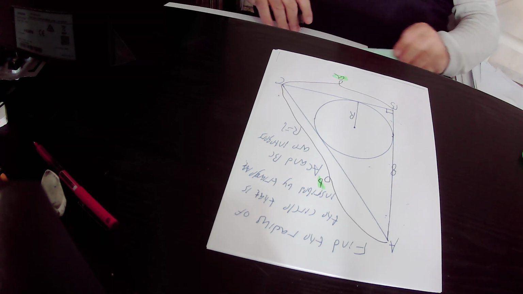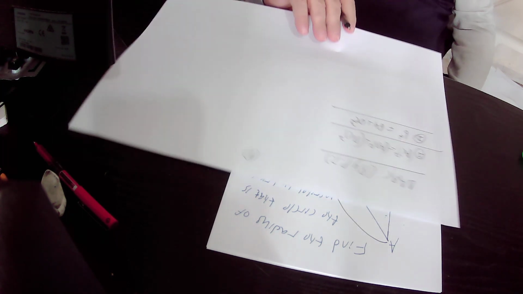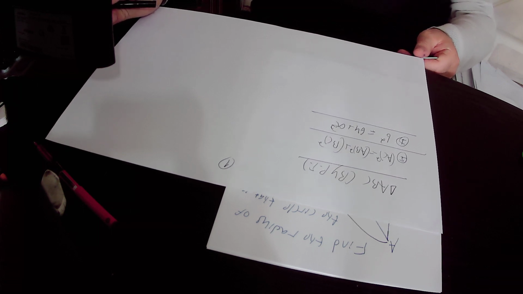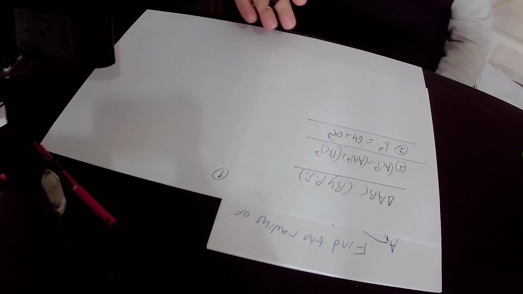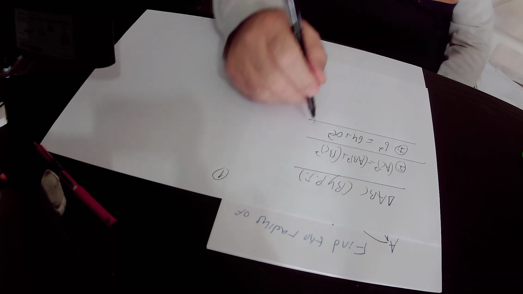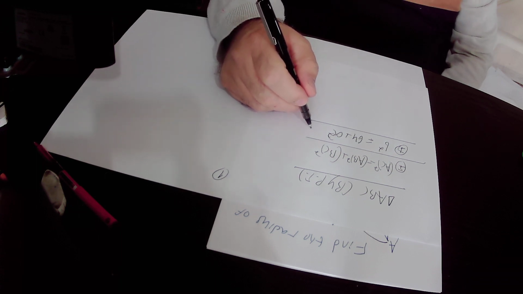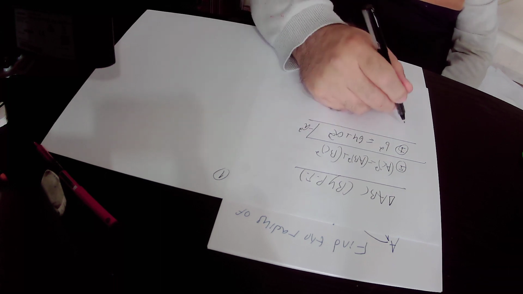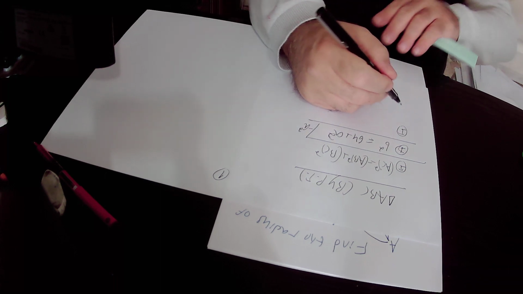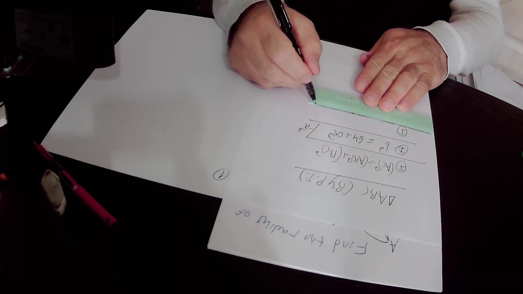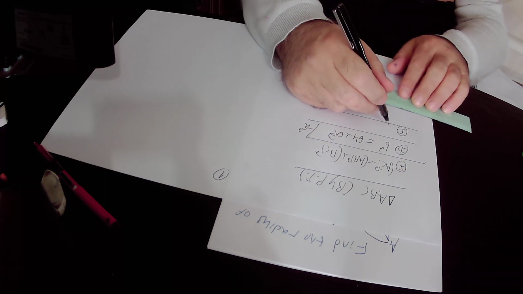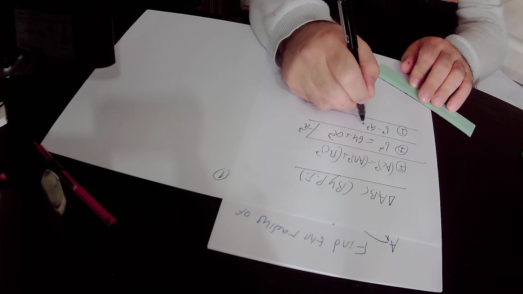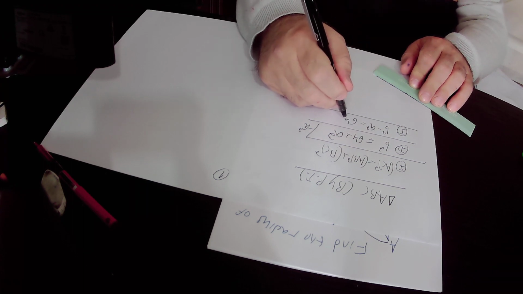So in conclusion, according to equation number 1, B square equals 64 plus A square. We will subtract A square from this equation number 1, and we get B square minus A square equals 64.